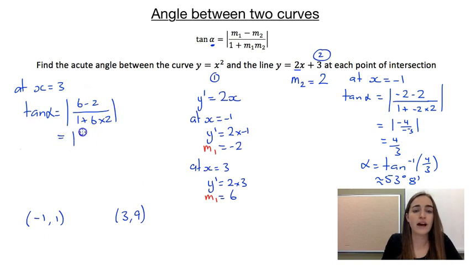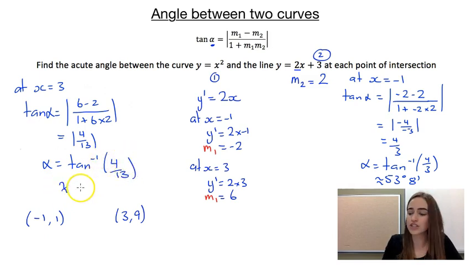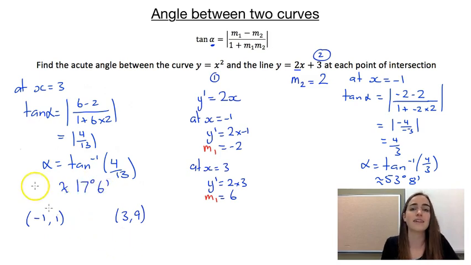Simplifying that, we have 4 over 13. So alpha is going to equal tan inverse of 4 over 13, which gives us, to the nearest minute, 17 degrees and 6 minutes.